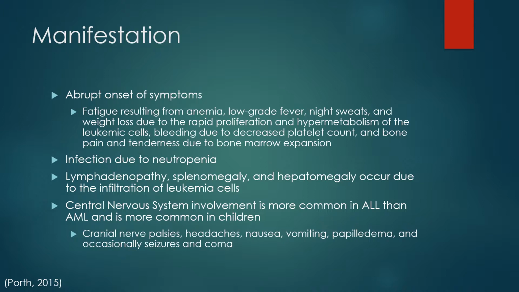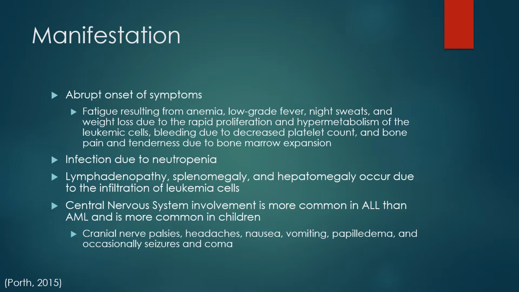They also have increased bleeding due to decreased platelet counts, and they can have bone pain or tenderness due to bone marrow expansion. There's often infection due to neutropenia, which is a decrease in neutrophils, and they can also have lymphadenopathy, splenomegaly, and hepatomegaly, which occur due to the infiltration of leukemia cells.